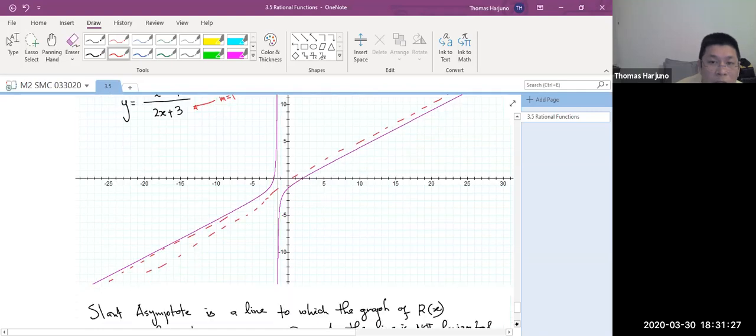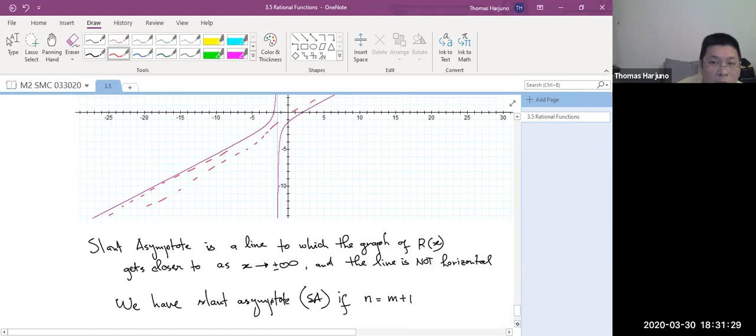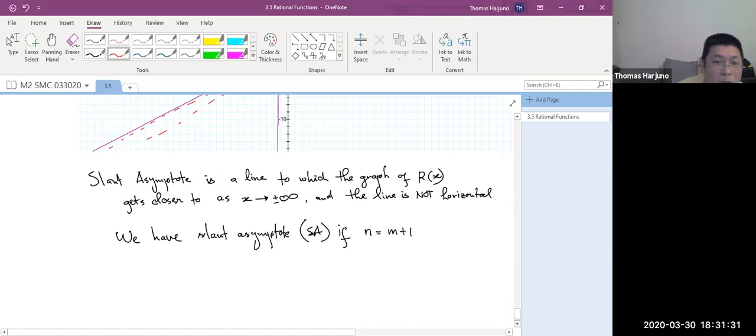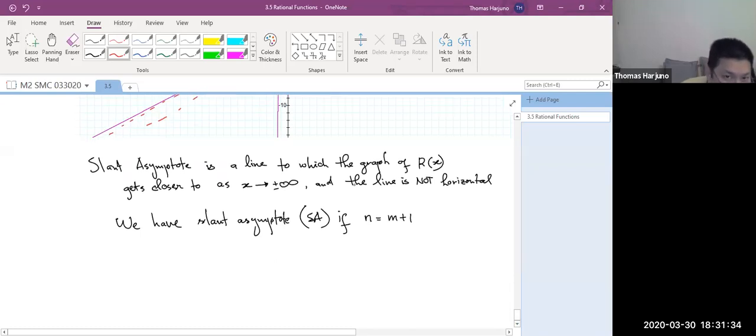Then the question is, how do we find the equation of that slant asymptote? It's a line, so we must have an equation for it. To find the equation, we divide the rational function.